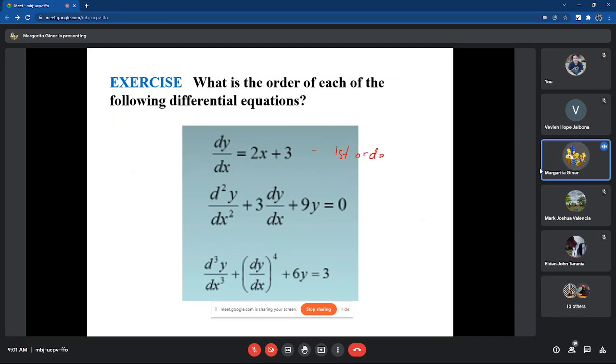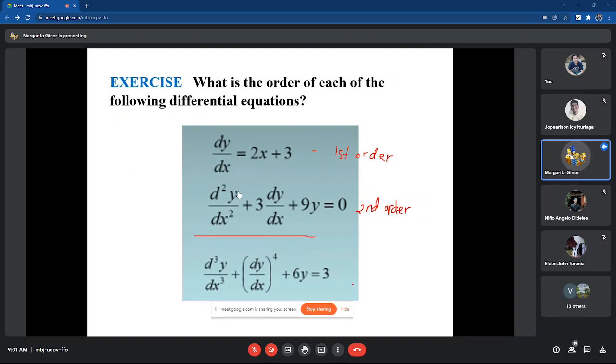How about the second? What is the order of the second? Second. This one? Second order. How about the third example?